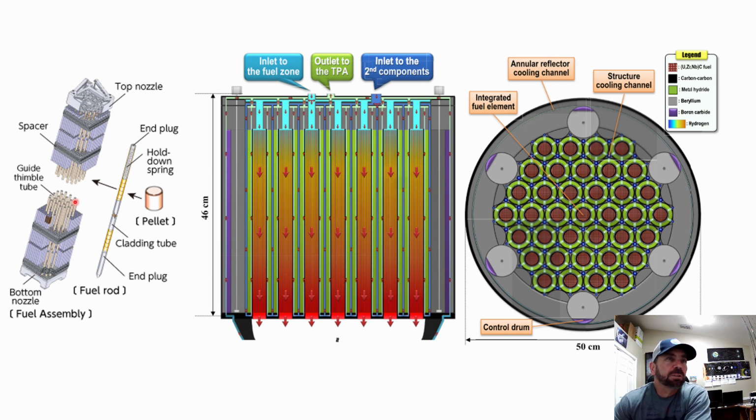And then here's kind of an exploded view of one of the fuel bundles. So you have a bundle, it's got several rods in it. Each rod has a cladded tube, a zirconium cladded tube with fuel pellets stacked inside.